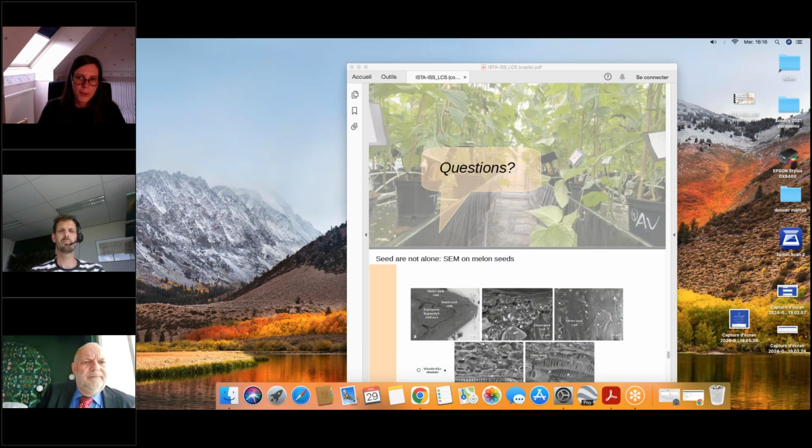And the results I presented of the synthetic community inoculation, we did once at the same time for all synthetic communities, and we reproduced it later with a few of those synthetic communities that showed a higher impact on the seedling phenotype. But we still have to test it in different soils and different temperature conditions to see if the effect is reproducible. Okay, thank you.